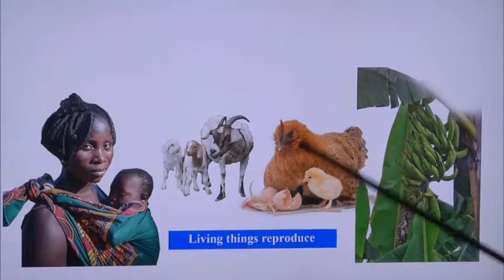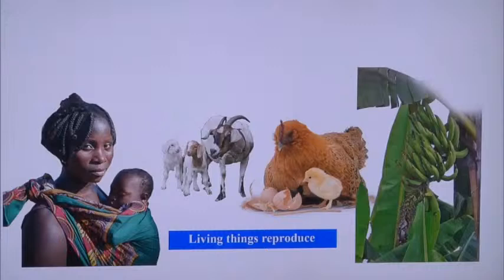Let's look at the hen. The hen has 8 kids. The hen lays the eggs and then sat on it, and it has kids. There are many. Some are under her. So the hen too has reproduced, and her generation will do what? Increase. Let's look at the plant.